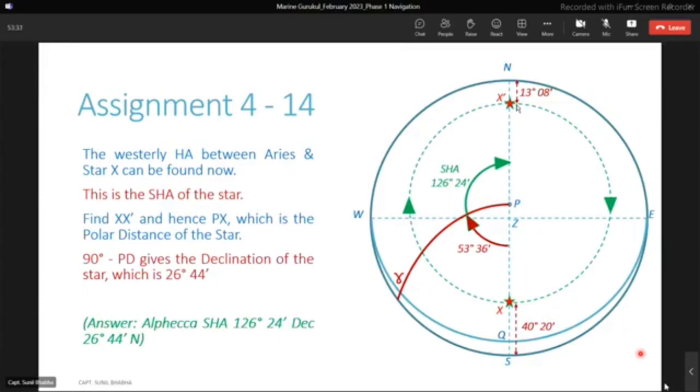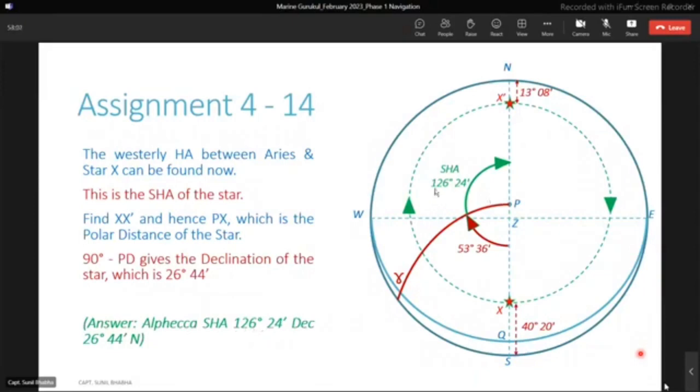Okay, sir. How to find the star? You got the SHA and declination, right? Yes, sir. Now you open up the almanac, beta. Go to page 268. In the page 268 table, look for an SHA of 126.